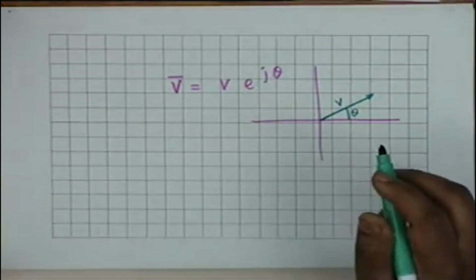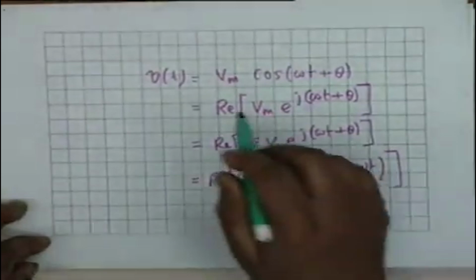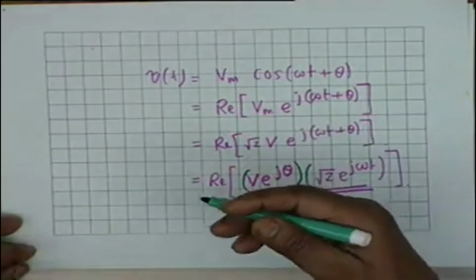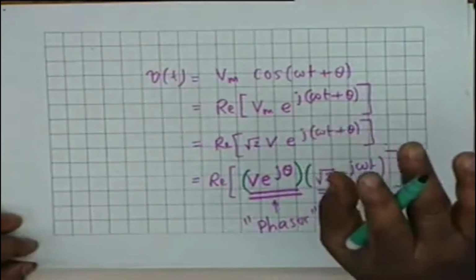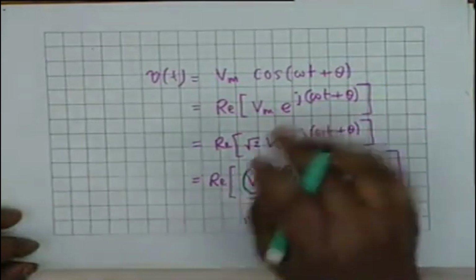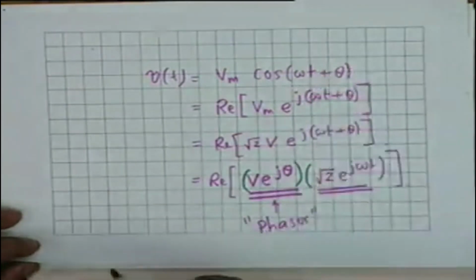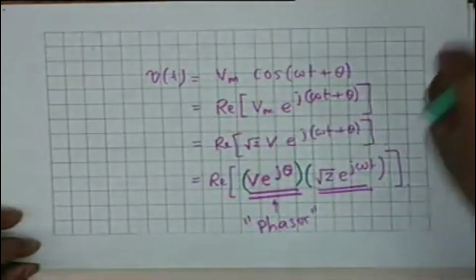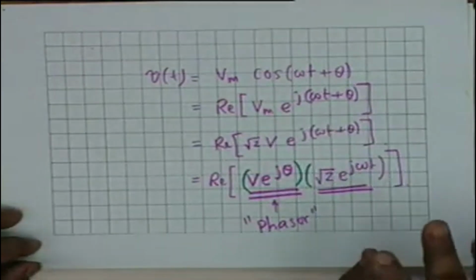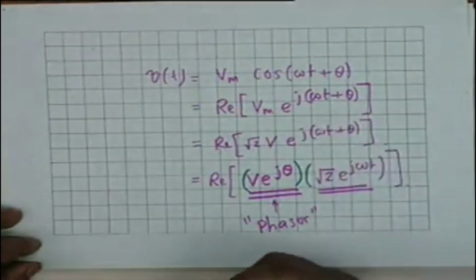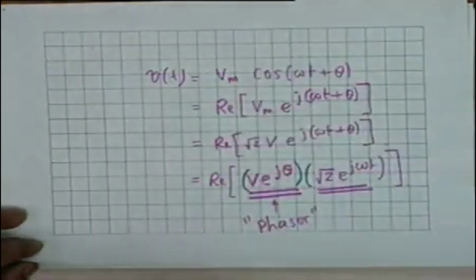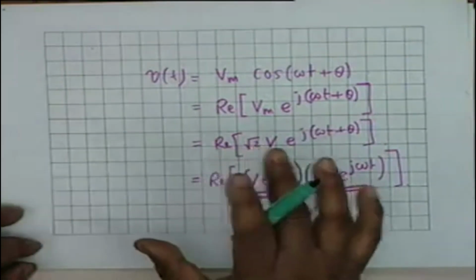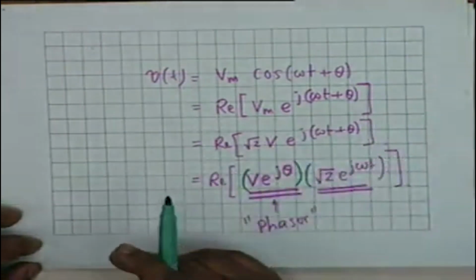What we had was a function of time, cosine(omega t plus theta), and we have now got rid of the time. We have got rid of the factor omega t, because in the complete circuit all currents and voltages shall have root 2 e to the j omega t common. The fact that it is the real part of a complex quantity, that also we shall ignore, because all currents and voltages can be expressed as the real part of some quantity.